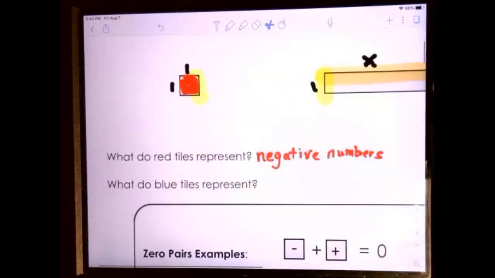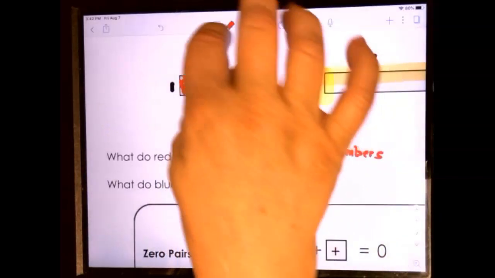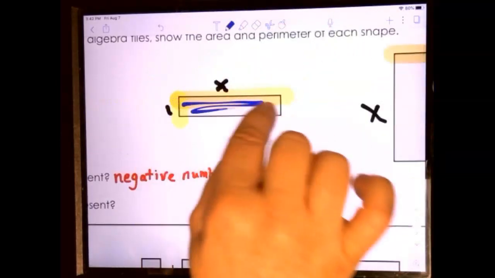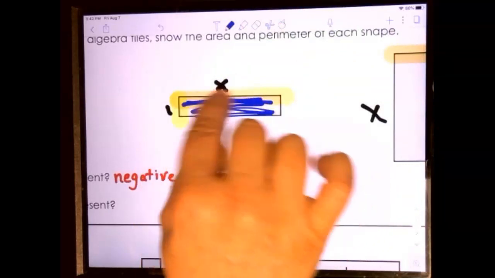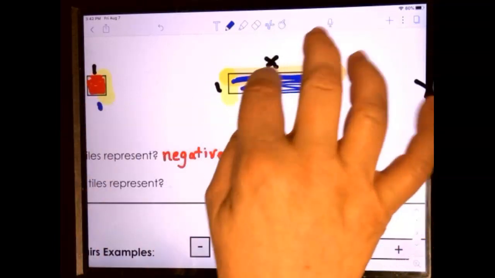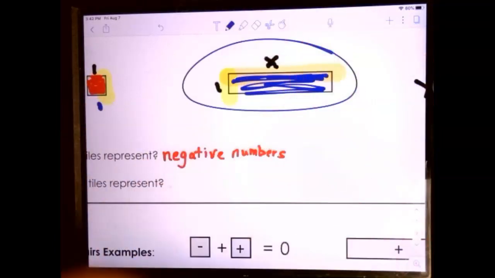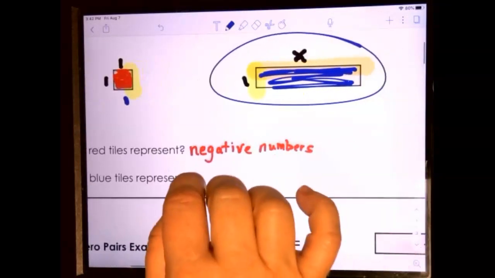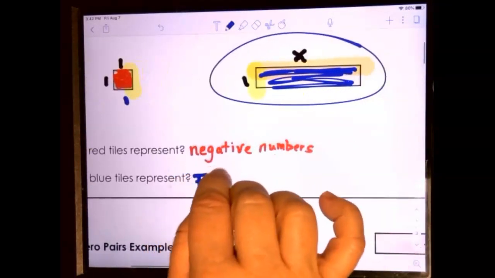And the blue tiles, and these can also be blue, and this can also be red. So any of them can be red or blue. But the blue tiles are going to represent our positive numbers.